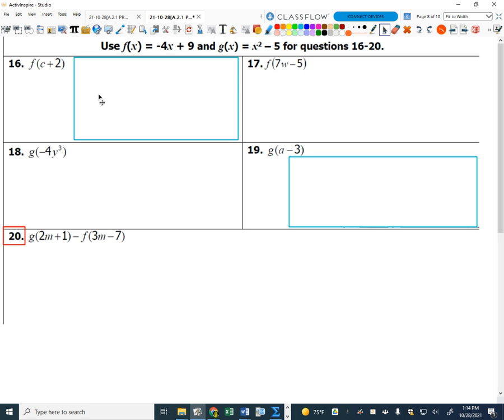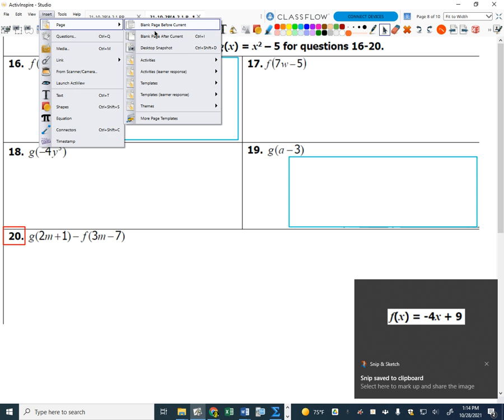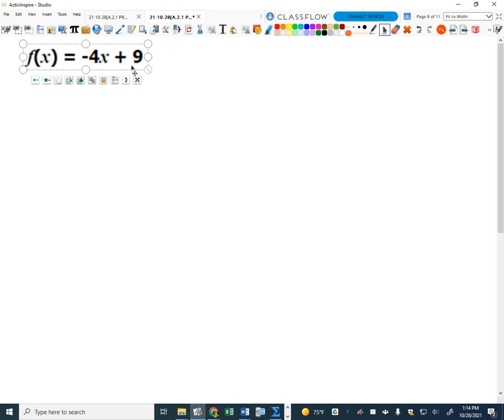So what about this stuff? Now, if f of x is negative 4x plus 9. Okay, you guys, I want you to do a couple things for me here. F of x is negative 4x plus 9. What is f of 1?